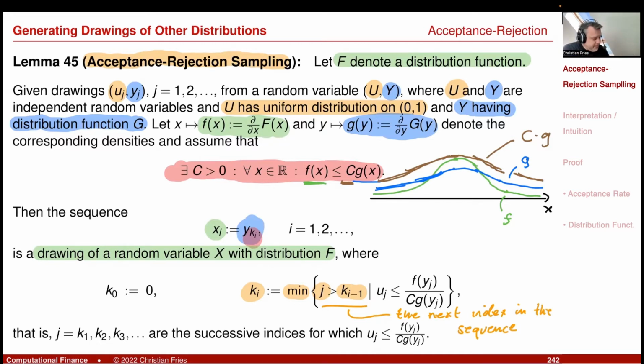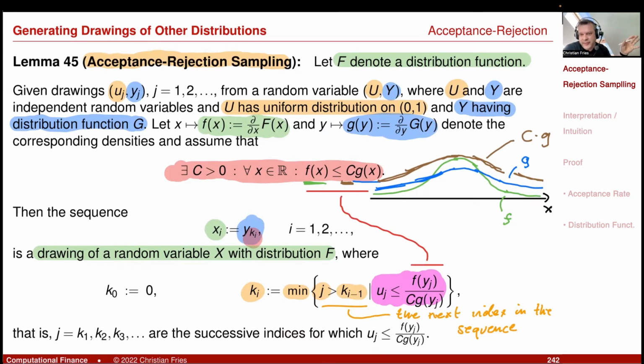Where, and now comes the condition, our sampled u, so uj, is less or equal f of yj divided by c times g of yj. From this condition here, that f is less or equal c times g of x, I know that this ratio here, these are densities, yeah?